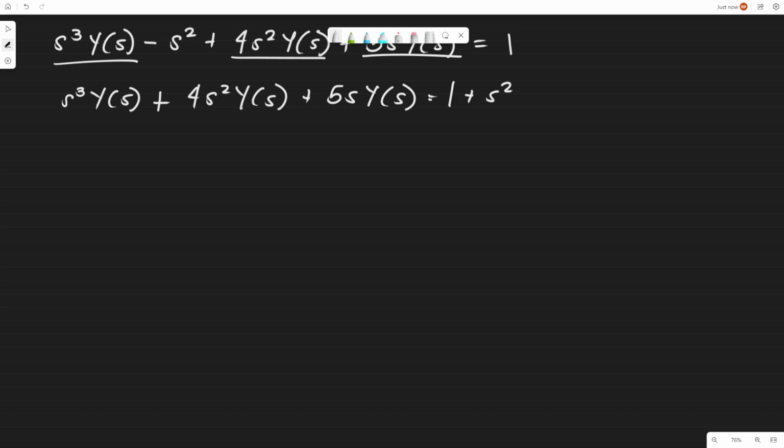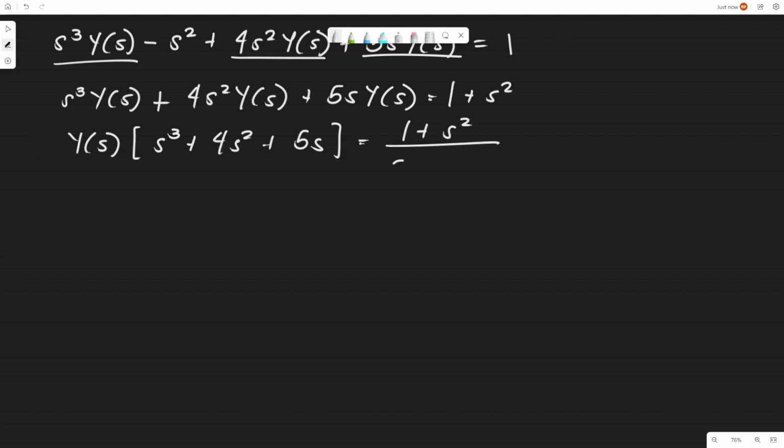Okay? So, factor out natin sa y of s. S cubed plus 4s squared plus 5s is equivalent to 1 plus s squared over s squared plus 4s plus 5 over s.